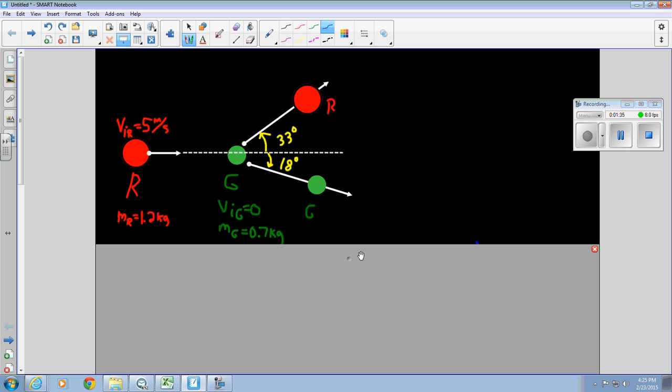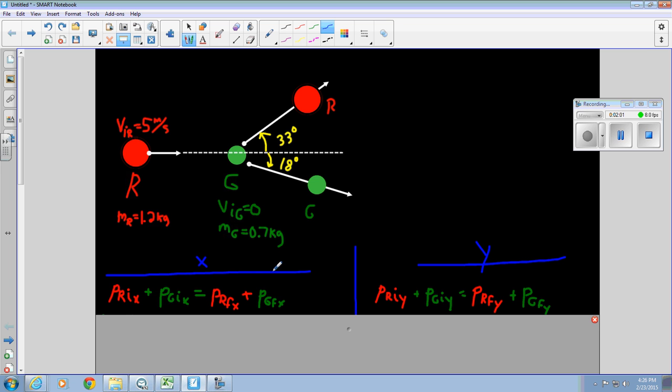So first thing we're going to do is understand that momentum is conserved in the x direction and the y direction. So all the momentum that these objects have in the x direction before the collision is the momentum they should have after the collision in the x direction. And same thing for the y direction.